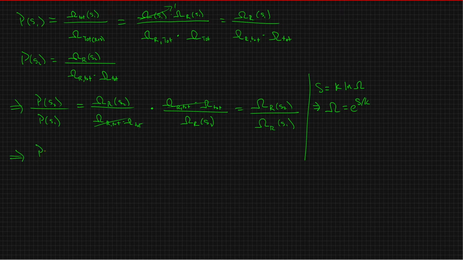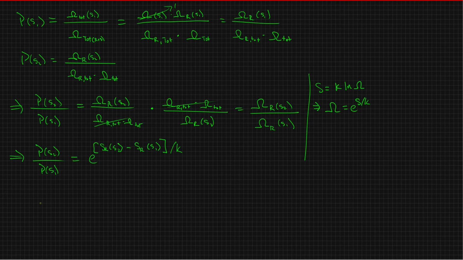So now the ratio of these two probabilities is just going to be e to the S_R of S2 minus S_R of S1, all over k. What I'm calling S_R of S2 and S_R of S1 here is just the corresponding entropy associated with those specific multiplicities. So we took the fact that we're just looking at single microstates, and now we're looking at the ratio of the probabilities between those two different microstates.